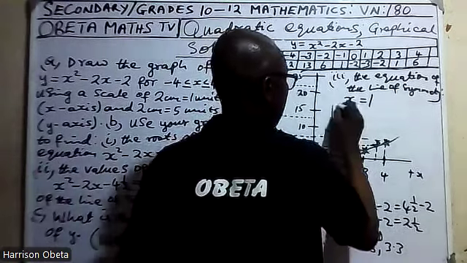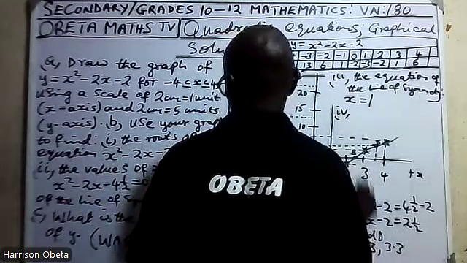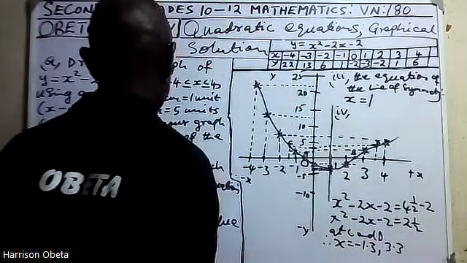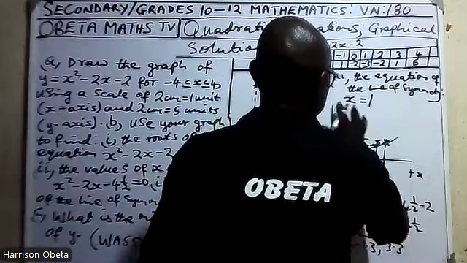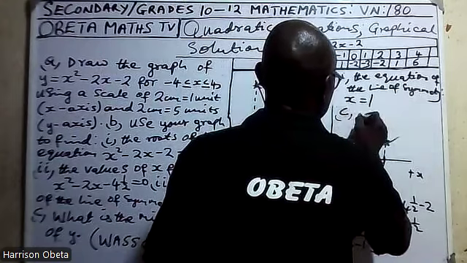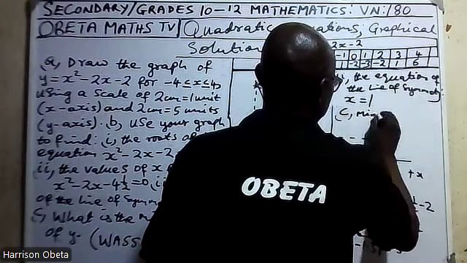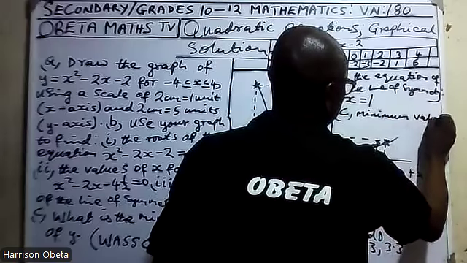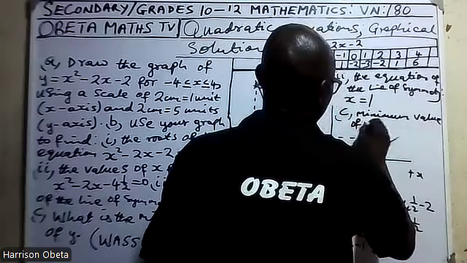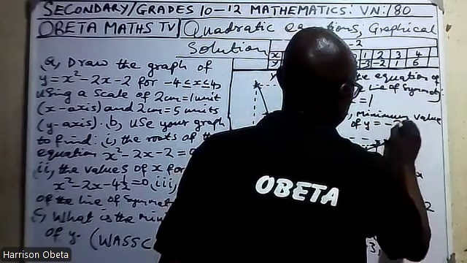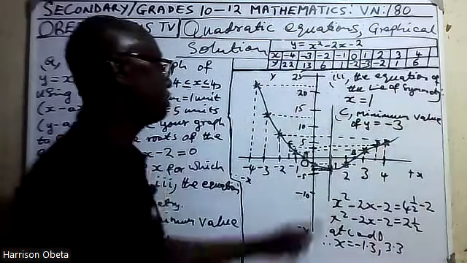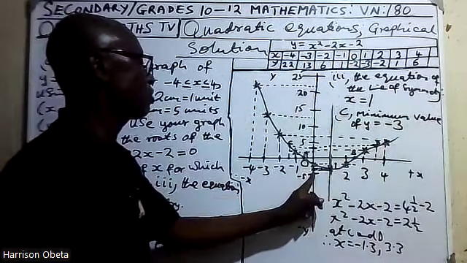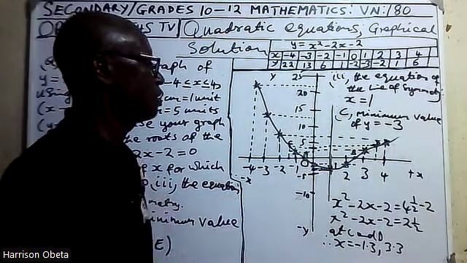So question C, minimum value of y equal to minus 3. You see how I explained? You trace it, then you pick the particular answer.